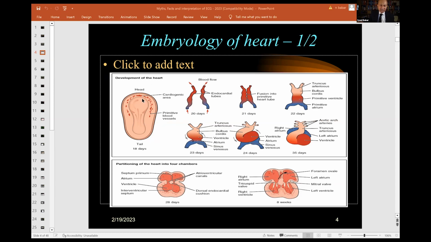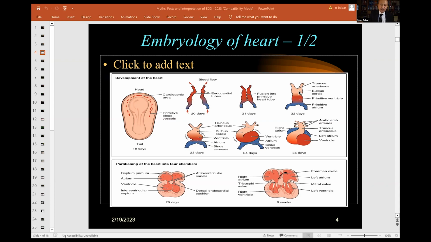Subsequently, it develops on both sides and fuses in the middle. So the cranial part deals with the arterial outflow to the body, and the caudal end collects venous blood from various parts.